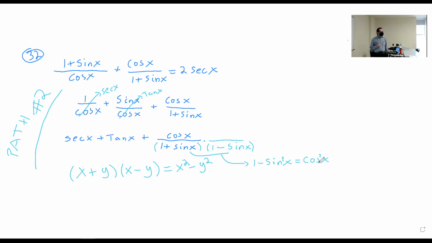Would you agree that that would be useful? But I just can't multiply by that because it's going to alter the equation. However, if I multiply anything by 1, nothing is altered. So if I want to multiply in the denominator by this, because it would be useful, if I multiply by the same thing in the numerator, nothing is altered.